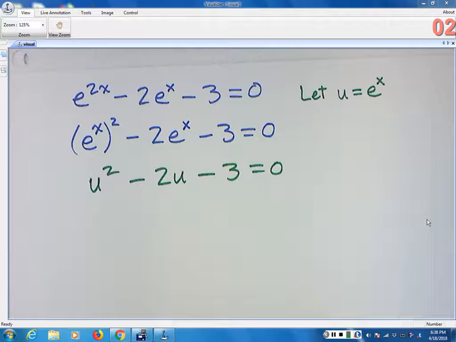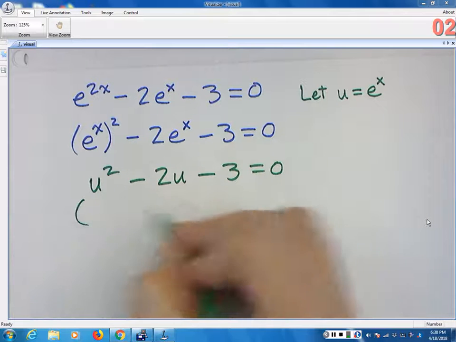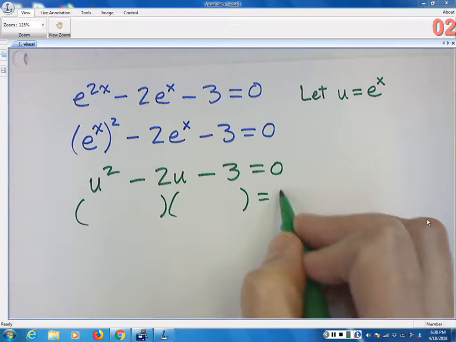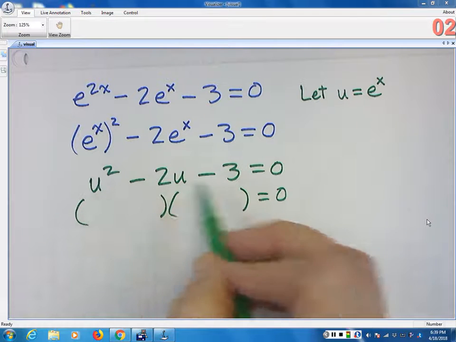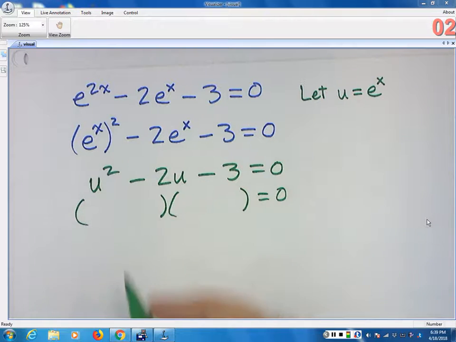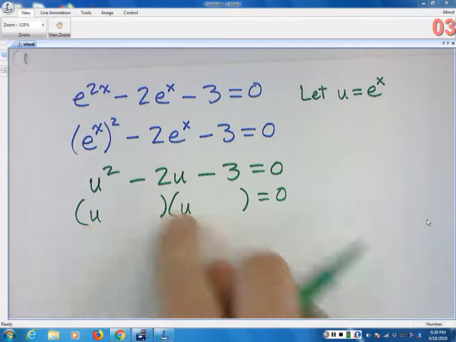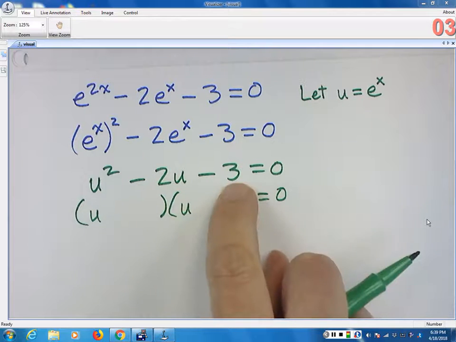It factors. It's a trinomial. It factors into two binomials. You'll have a u and a u. That gives you your first term: u times u is u squared. And then the only factors of 3 are 3 and 1.